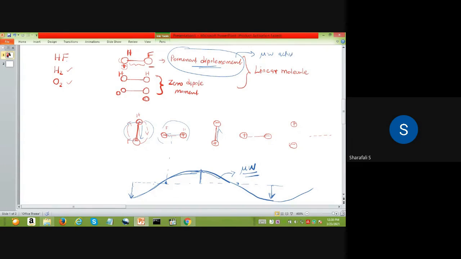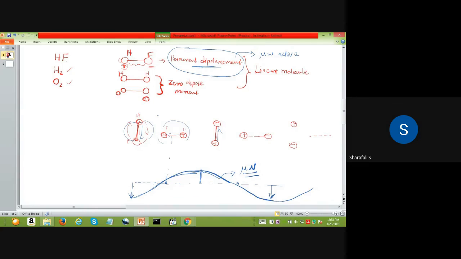Other molecules will be microwave inactive. If they do not have a permanent dipole moment, then they are microwave inactive. So this is the basic process which is happening to these molecules, and how these microwaves are coming.